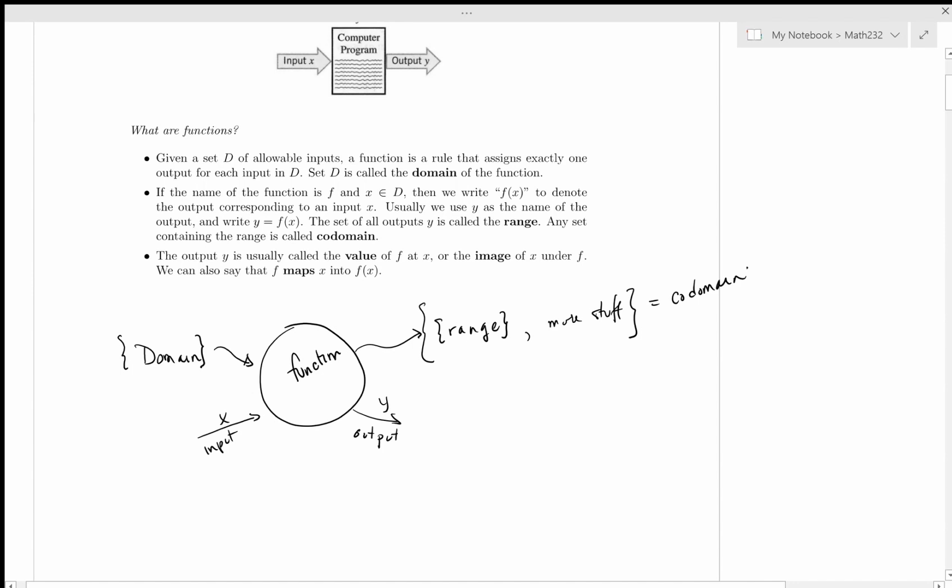Sometimes we will call the output the image. This would be the image of X. And at that point, we would call the input here the pre-image of the output Y. So we write Y equals f of X.